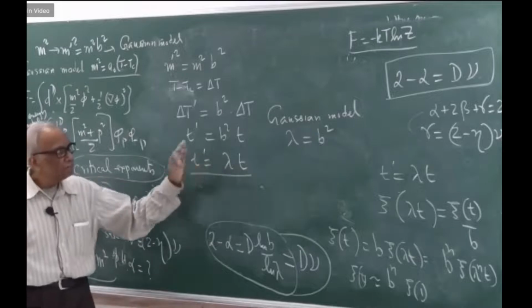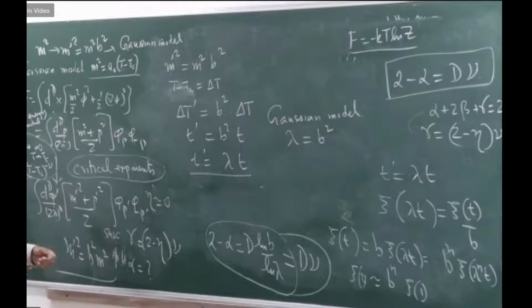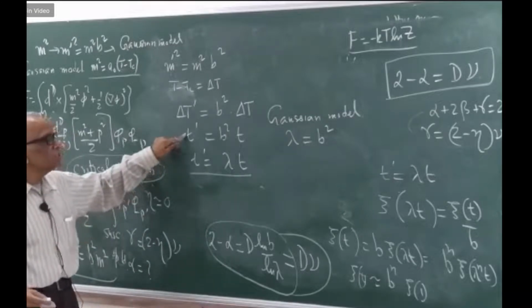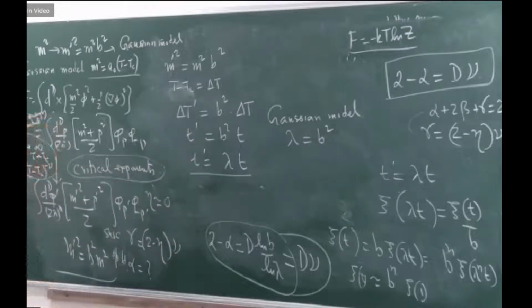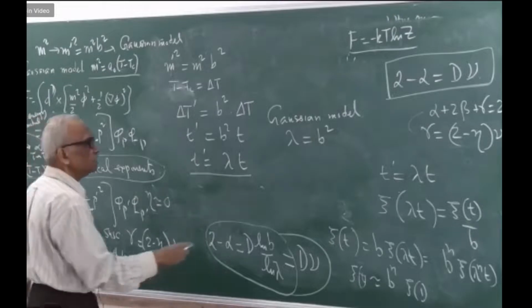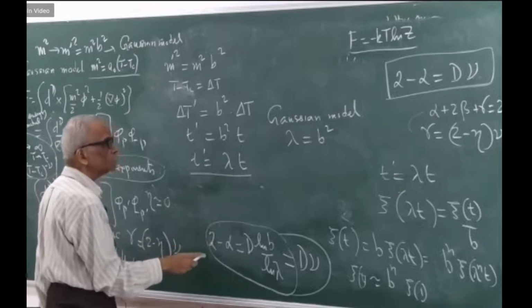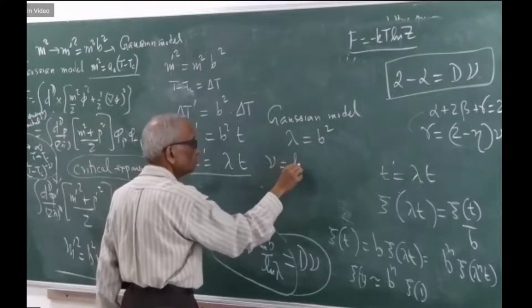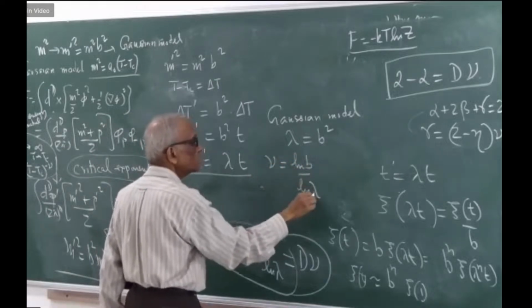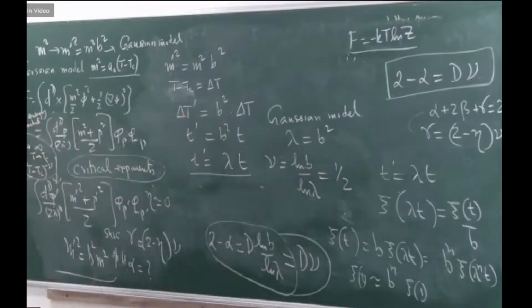T prime equal to lambda t is the relation between old and new t's, and this is Gaussian model specific, that t prime is b squared t, and then lambda is equal to b square. Nu, which is log b over log lambda, with lambda equal to b square, is equal to half. So for the Gaussian model nu is equal to half.